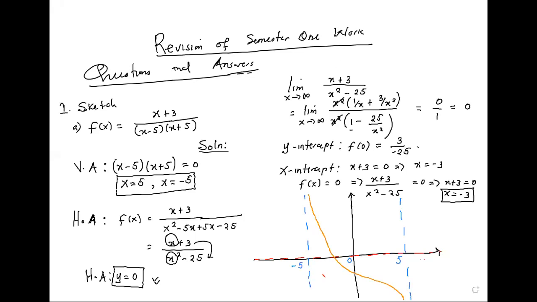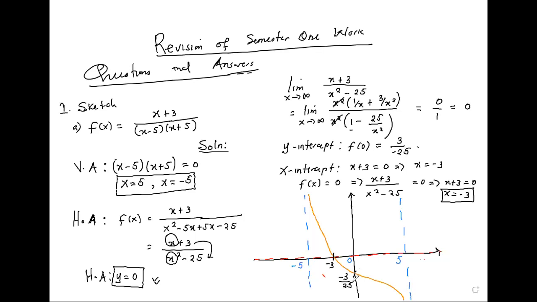Because it's crossing, it will cross here at negative 3, and here at negative 3 over 25. Though we have an asymptote, the graph crosses the asymptote in the middle because we have an intercept that lies there. This is for the reason that the numerator has a variable x.